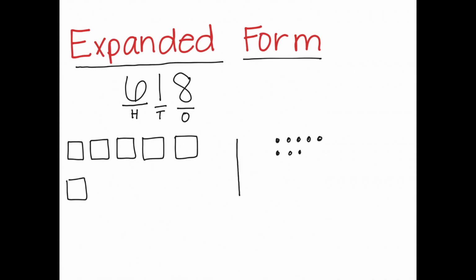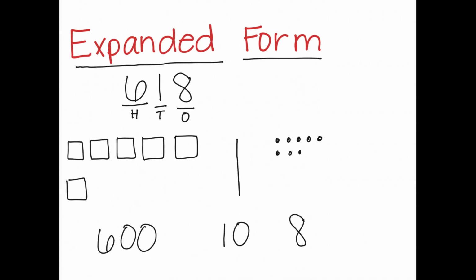So let me look at each individual part of that number. First, I see that there is the 6 in the hundreds. So these 6 boxes I drew are worth 600. Now, my 10 stick, I only have 1, and that is worth 10. My 8 ones are worth 8.